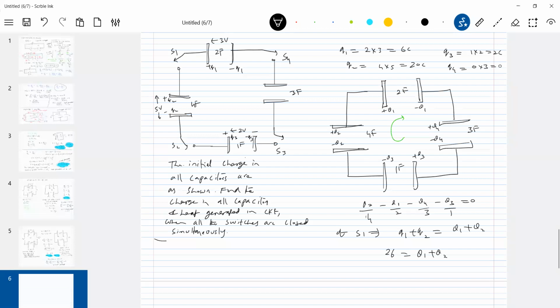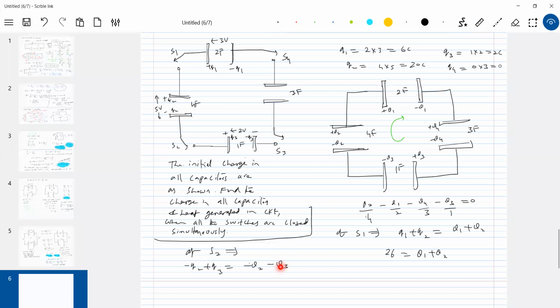Similarly, at the switch S2, what was the charge of the junction? Minus Q2 plus Q3 should be equal to minus Q2 minus Q3. And now you can say, sir, how come this was a positive charge plus Q3, and you made it negative?